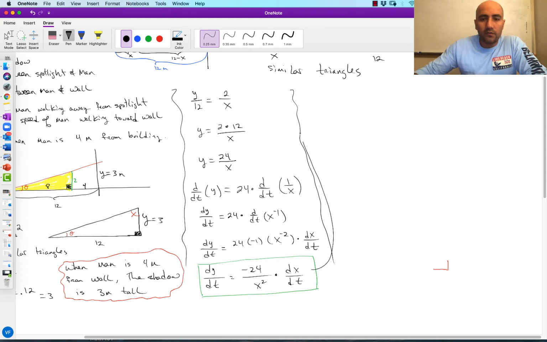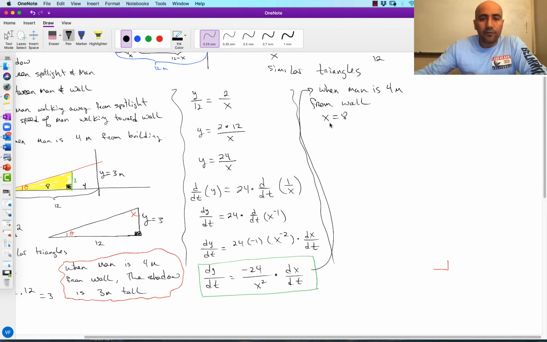Okay, so now let's take this over here and say when the man is 4 meters from the wall, we've established that means that he is 8 meters away from the spotlight.